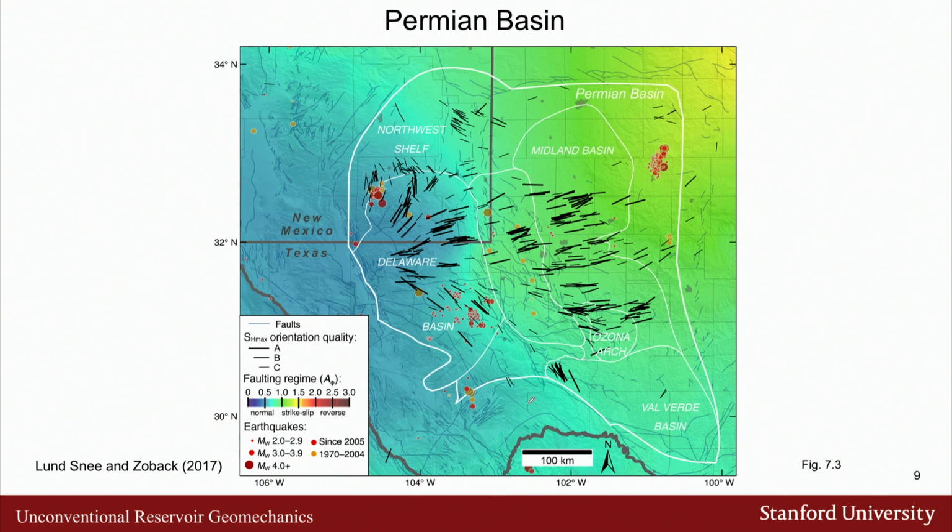And we see this marked rotation in stress from north-south up here to northeast-southwest to sort of almost east-west to northwest-southeast and so on. And this huge rotation is very systematic and supported by lots of good data. And we don't understand it. We have some ideas about what's controlling the stress state up here.